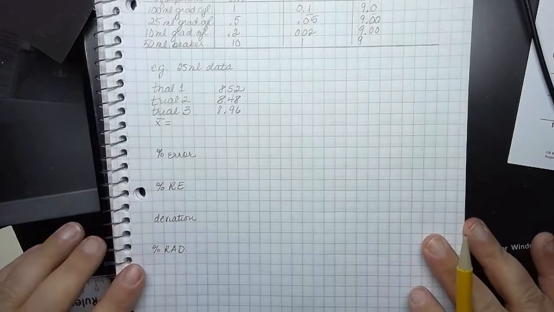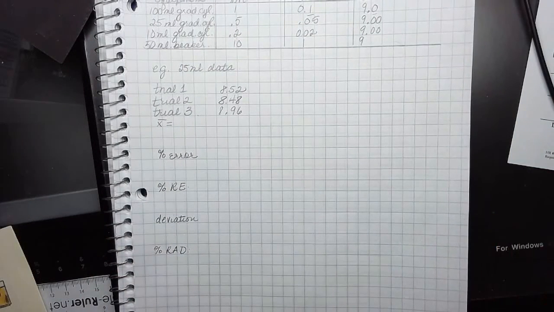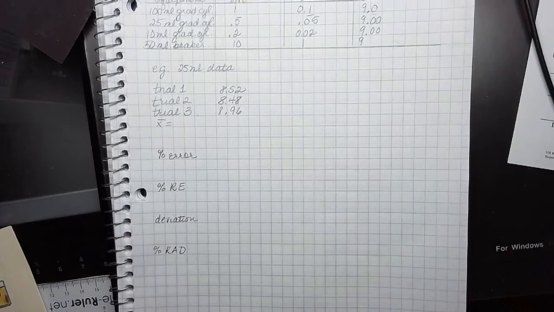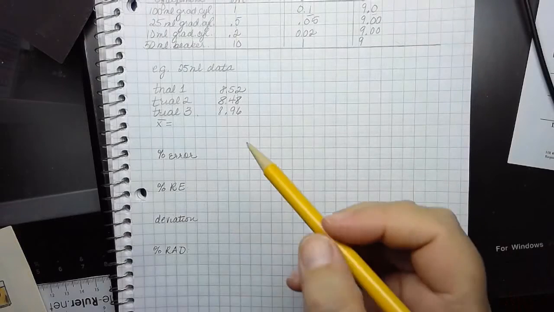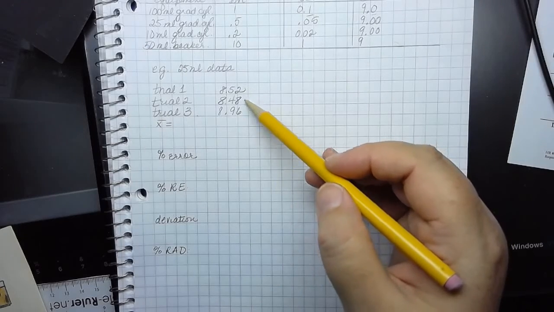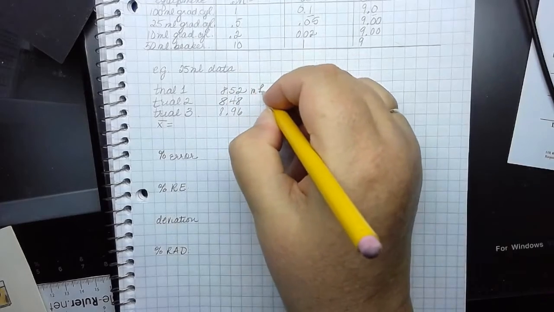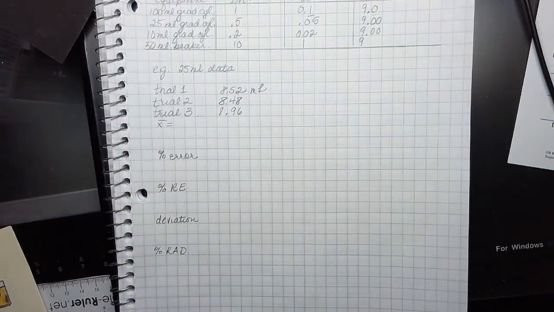So what I want to do next is look at some basic statistical calculations that we do when we collect data. Let's say, for instance, that my measurements collected using the 25 mil graduate were these 3 values. And of course we know that these are milliliters according to that device.